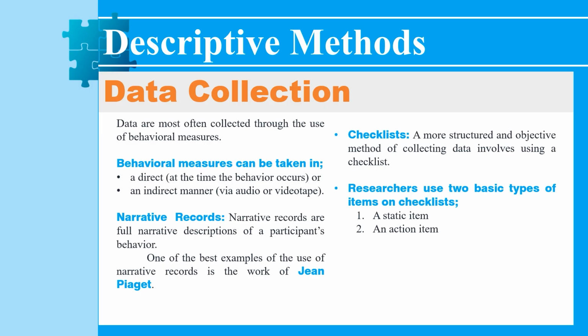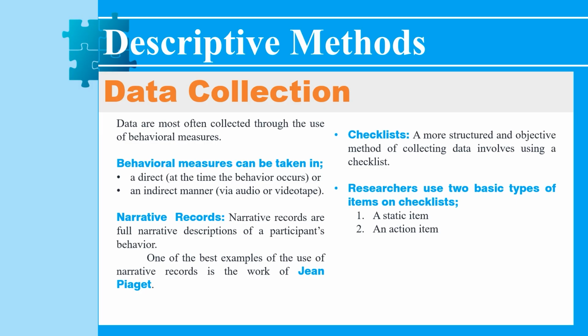These static features may include how many people are present, the gender, race, and age of the participant, or what the weather is like if it's relevant. For example, observation of hospital patients might include information on general health, whereas observations of driving behavior might include the make and type of vehicle driven.